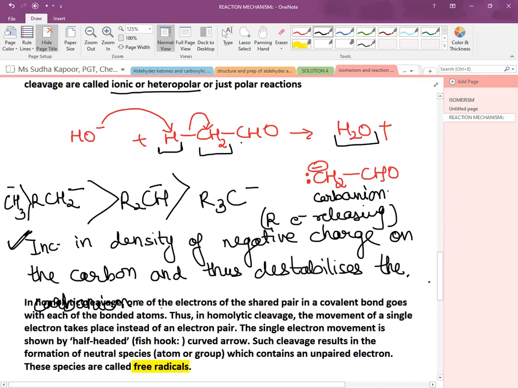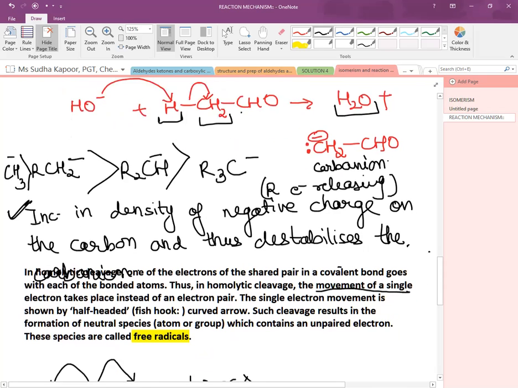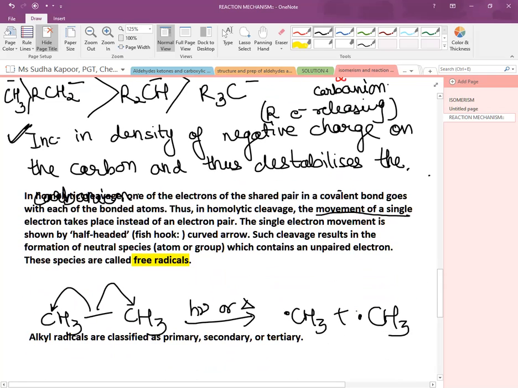Now in the case of homolytic cleavage, one of the electron shared pair is equally divided among the bonded atoms. So there is a movement of a single electron to both of the atoms which are attached, and it is shown with the help of a fish hook. So look here, where we have taken the example of ethane, the single bond between CH3 and CH3 is equally distributed.